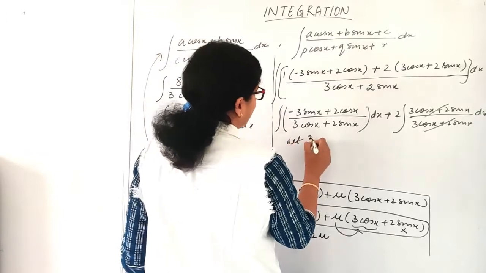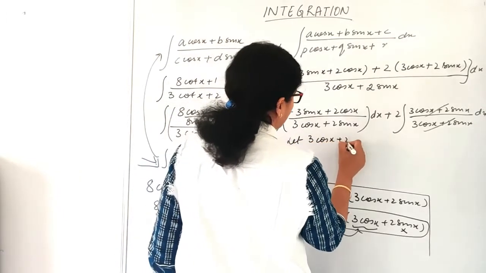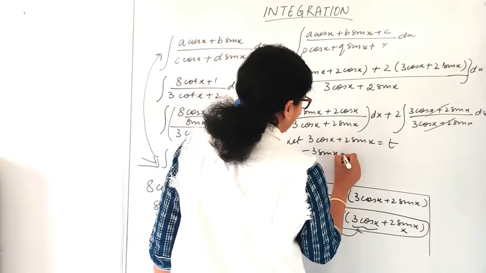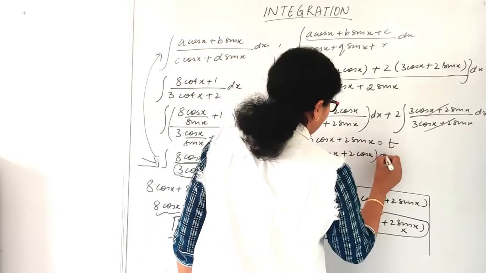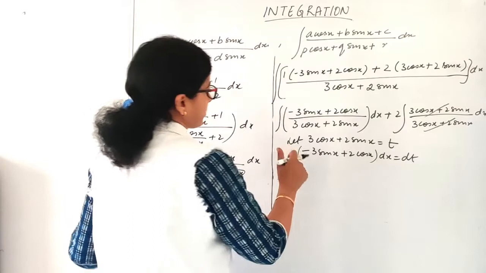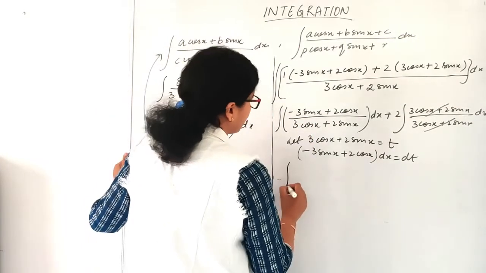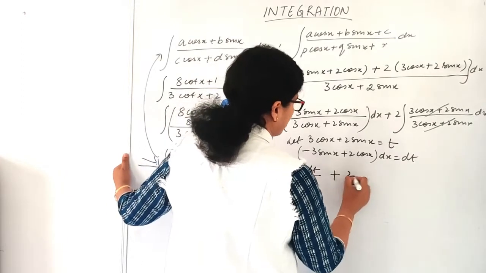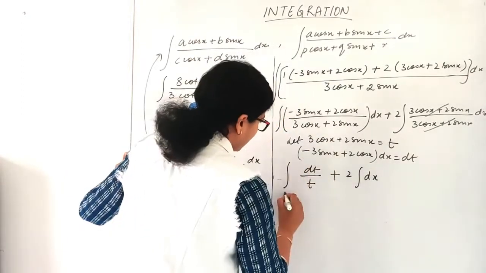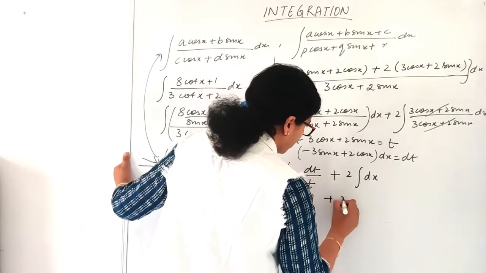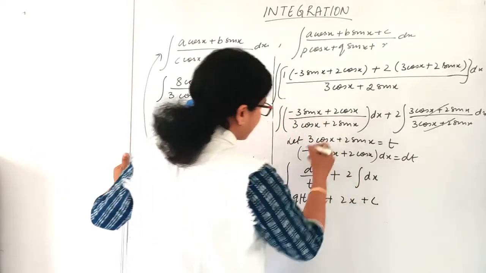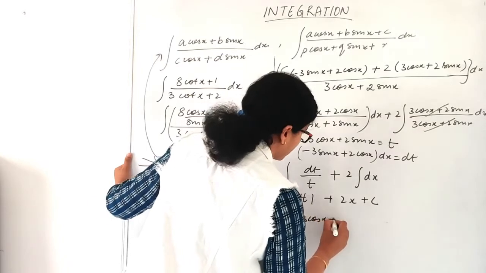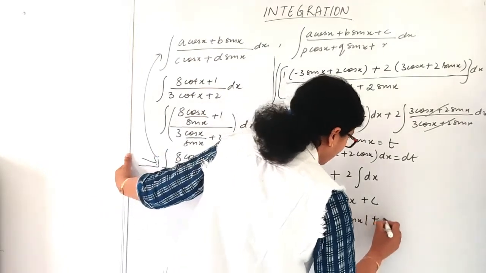Let 3 cos x + 2 sin x be t. Then (minus 3 sin x + 2 cos x) dx equals dt. So it will become the integral of dt by t plus 2 dx, which is log t + 2x + c. Substitute the value of t: log of (3 cos x + 2 sin x) + 2x + c.